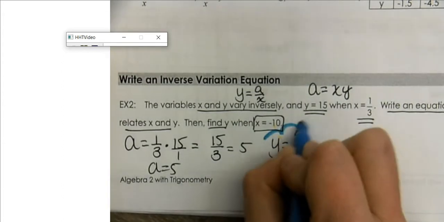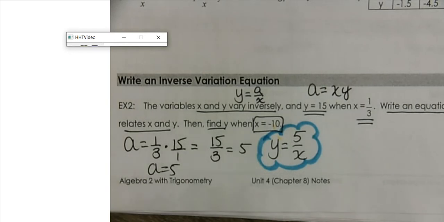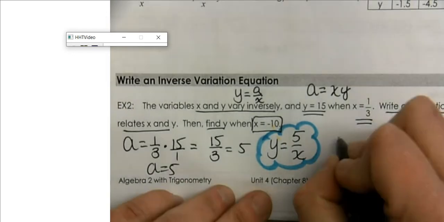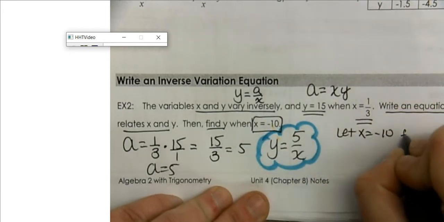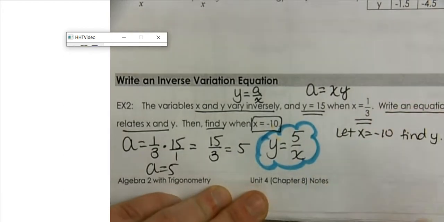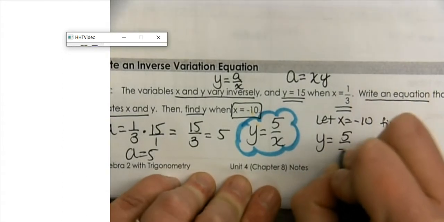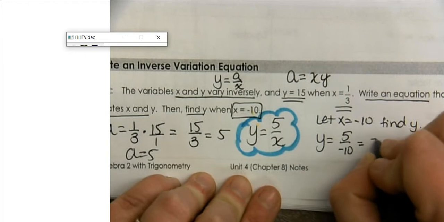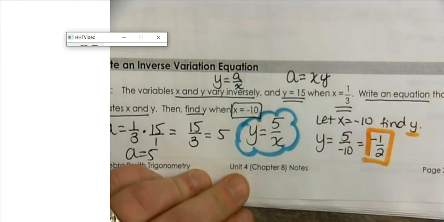So now that I know my equation is y equals 5 divided by x, I am going to let x equal -10 and find y. I'm going to write y is equal to 5 divided by -10, and that's going to equal -1/2, and that is my answer, -1/2 in terms of finding y.